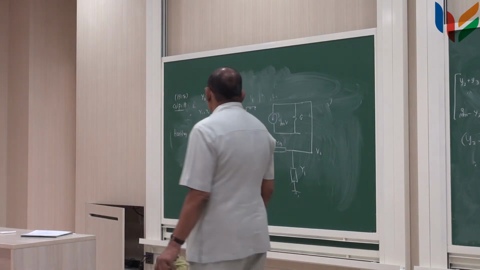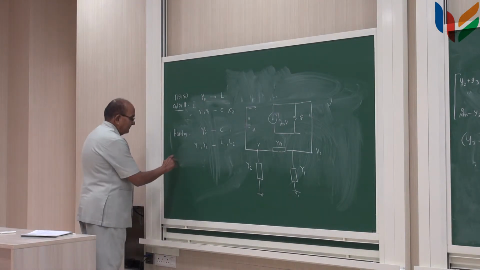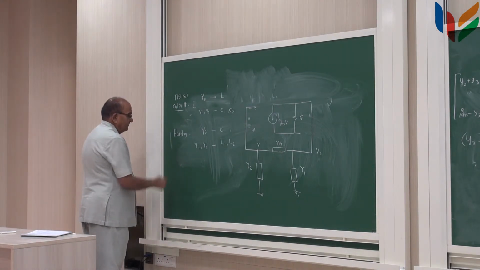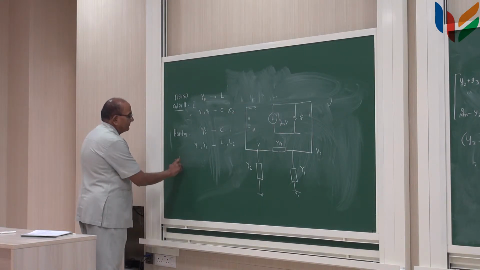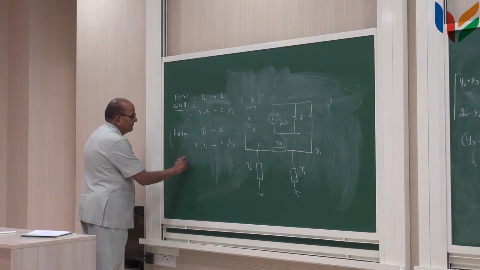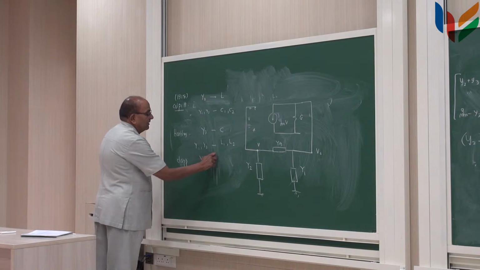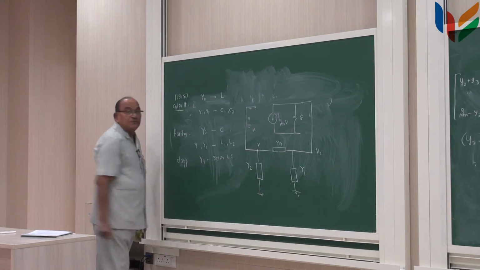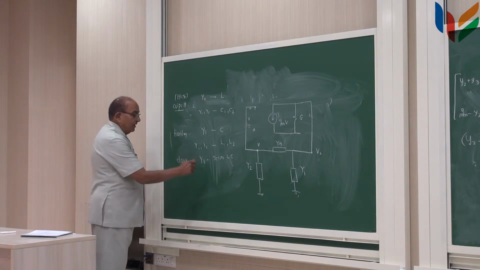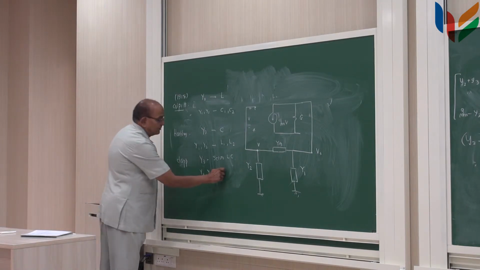And then what Clapp did was to use Y3 as a series LC and Y1 and Y2 as capacitors.